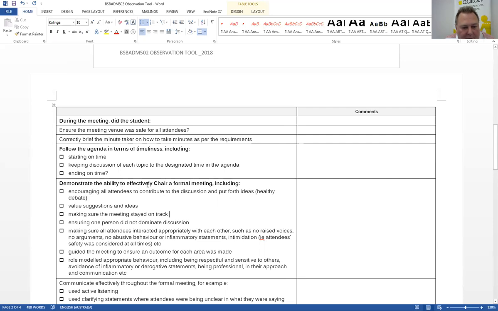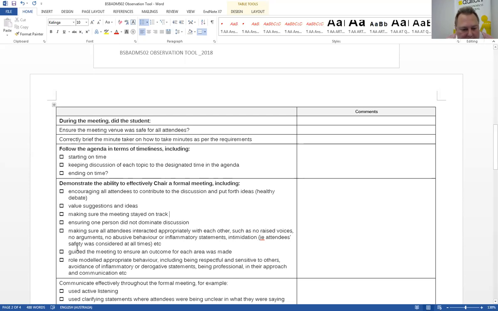Demonstrated the ability to effectively chair a meeting, including valuing suggestions and ideas, making sure the meeting stayed on track, ensuring one person did not dominate discussion, making sure all attendees interacted appropriately with each other, such as no raised voices, no arguments, no abusive behavior, or inflammatory statements, intimidation, or derogatory or negative comments, and so on.